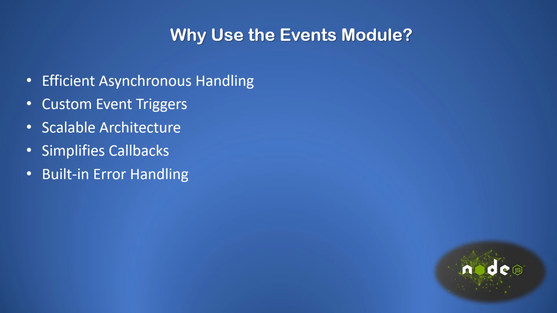Fourth, it simplifies callbacks, reducing complexity by handling events instead of deeply nested callbacks. The last one is built-in error handling, which provides a mechanism for managing errors through event listeners. So these are the key reasons to use the event module.